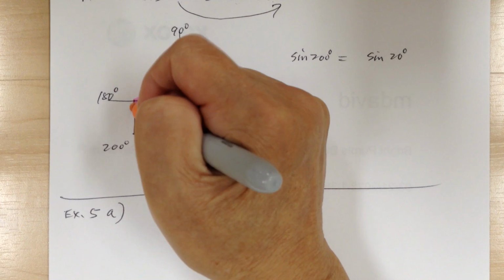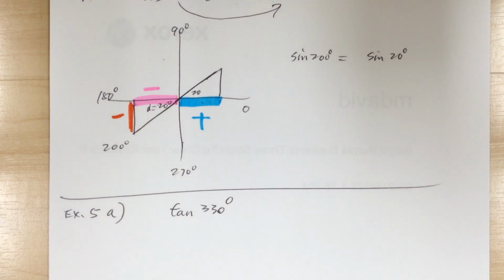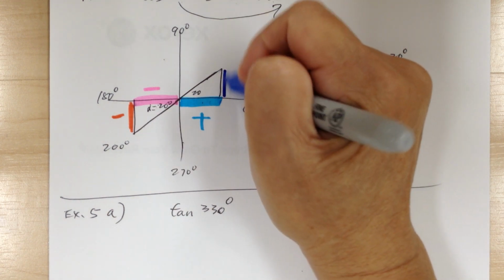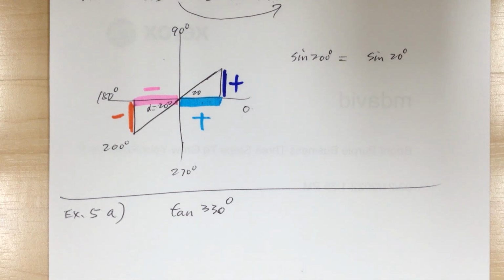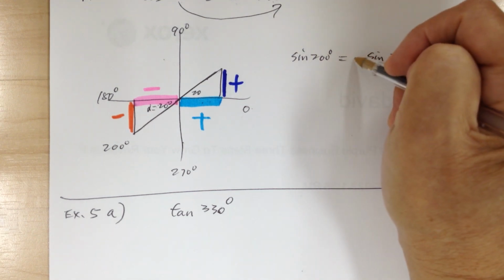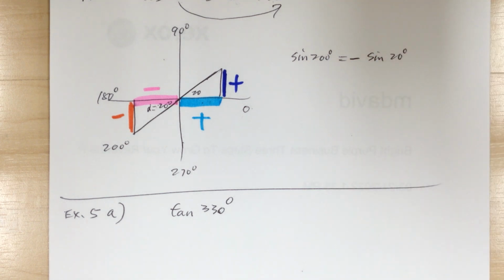Right now the sign over here is negative. When you move to over here, the sign is positive. So again, it's opposite. So in this case, you have to make it compensate for it.